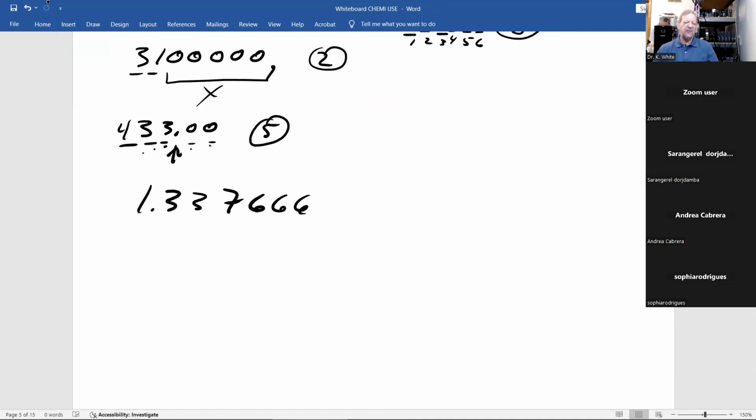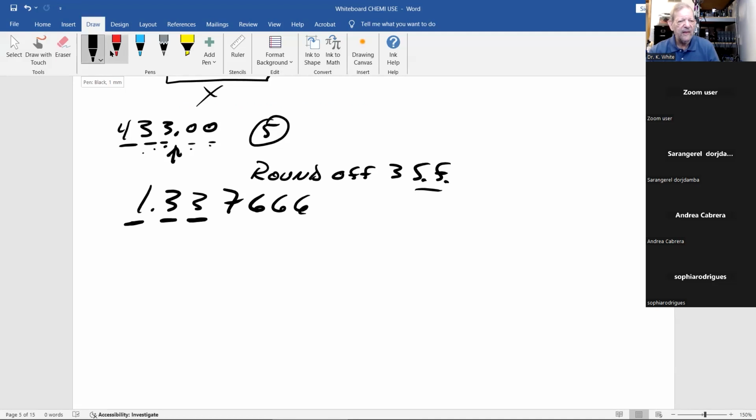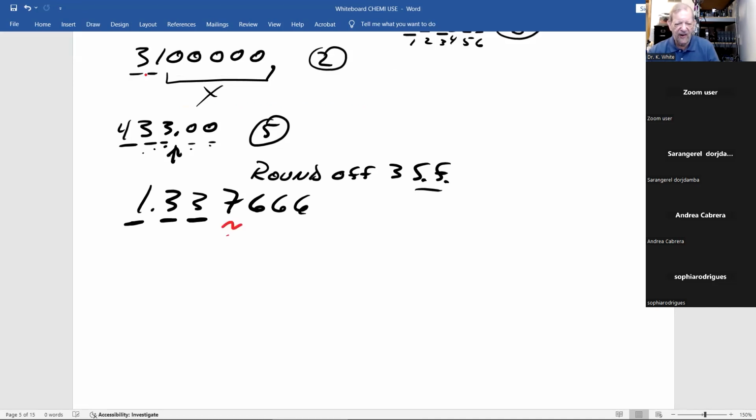And the question is, round this off. Say you have to round it off to 3 significant figures. And here I'll abbreviate, on the test I won't. So how do you do that? Keep the first significant figure, keep the second, keep the third. Then the next one is the one we use to round off, because we've got our 1, 2, 3.